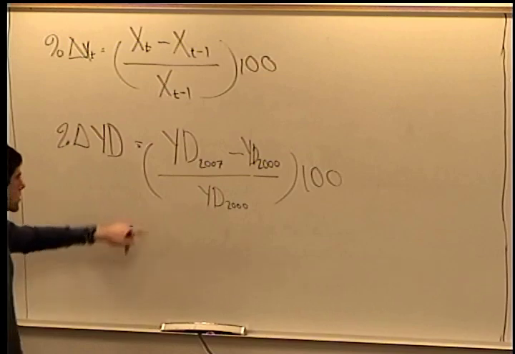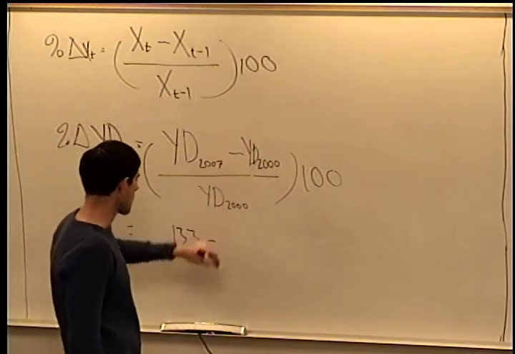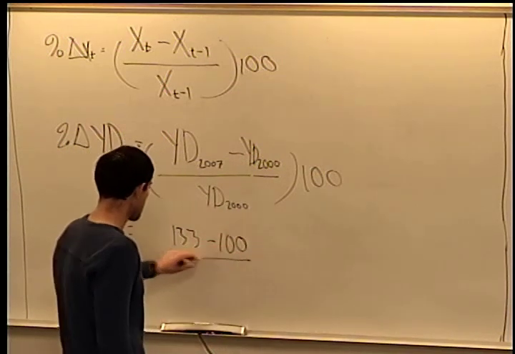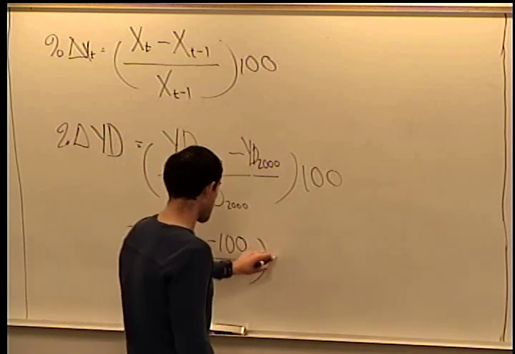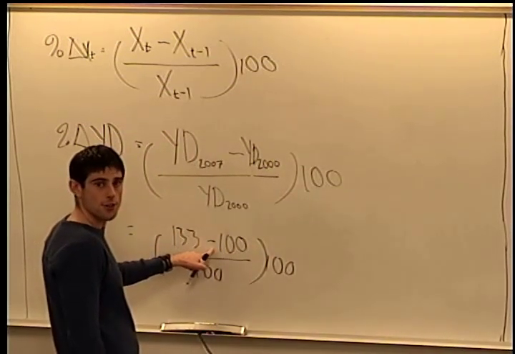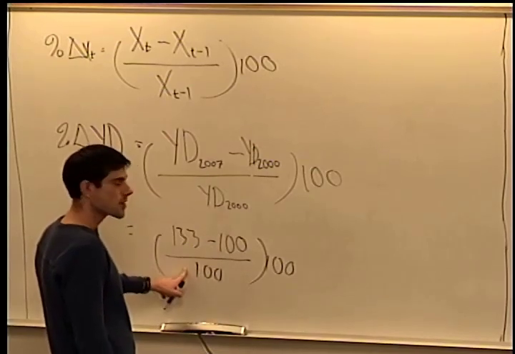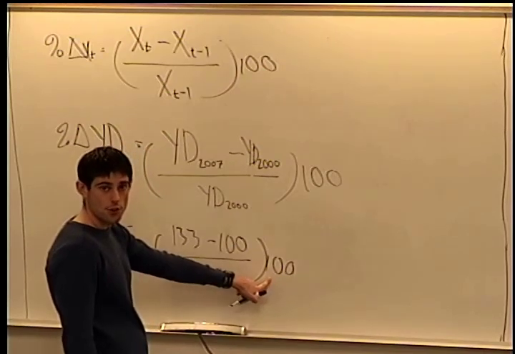So that equals 133 minus 100 divided by 100 multiplied by 100. 33 divided by 100 is 0.33, multiplied by 100 is 33.